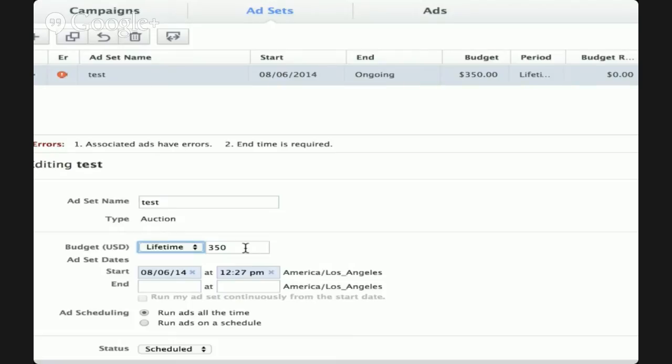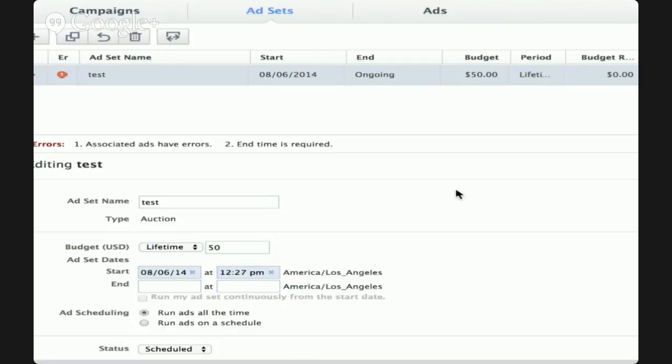So what you can do is say, well, I was going to run my ads for 5 days. I only wanted to spend $10 a day. So that's $50. So you're saying to Facebook, I'm willing to spend $50, and I previously was going to spend that $50 over a 5-day period. But what you're telling Facebook now is, I'm willing to spend $50, and I'm just going to let Facebook spend that $50 down.